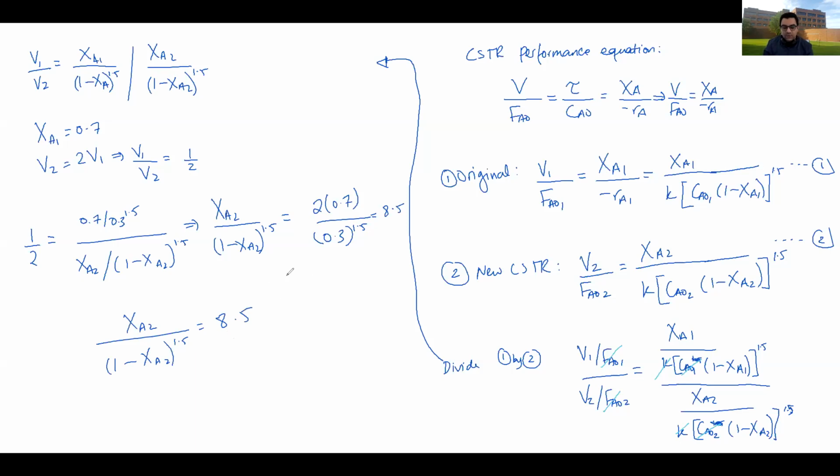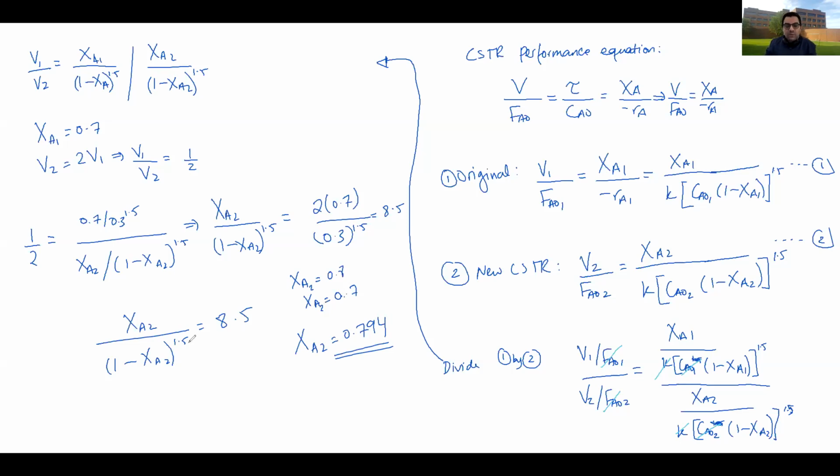What I did is I plugged in XA2 to be 0.8, and I plugged in XA2 to be 0.7, and I just narrowed it down by iterating, and the answer I got for XA2 was 0.79. Okay, if you have a calculator, like these TI calculators, you can use Excel to do it. Whichever way, just figure out a way to solve these types of algebraic problems, which are not straightforward, right? Are not cute, basically.